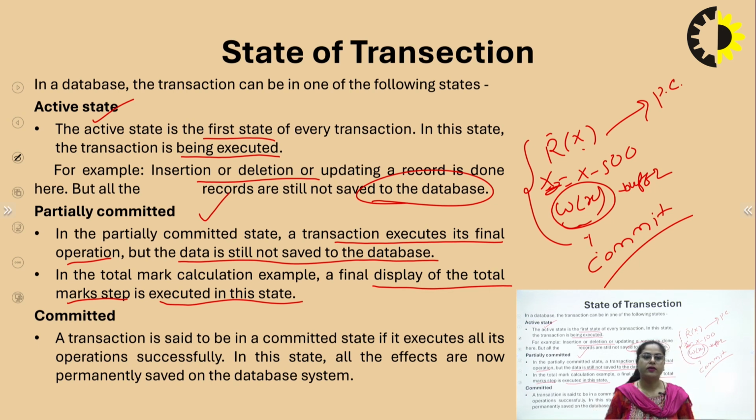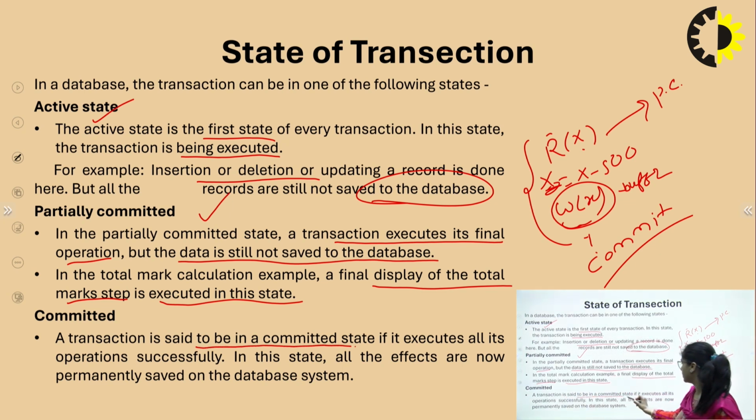Now the third one is the committed state. As I told you, when I write here the commit command, the value of X will be stored in the database. The transaction is said to be in the committed state if it executes all its operations successfully.